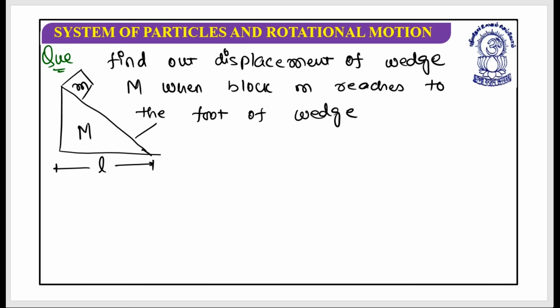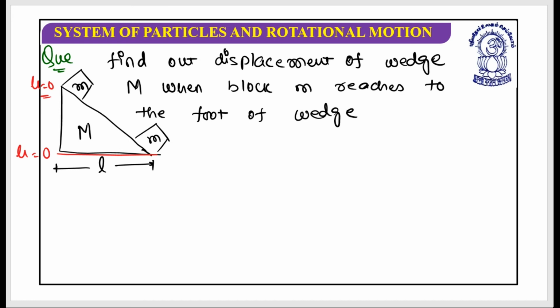That means when it reaches over here, you need to find out the displacement of the wedge M. And all the surfaces are smooth, even the surface between the wedge and the ground has no friction, and even between the wedge and block m there is no friction. So this is the situation, and this is what has been asked.